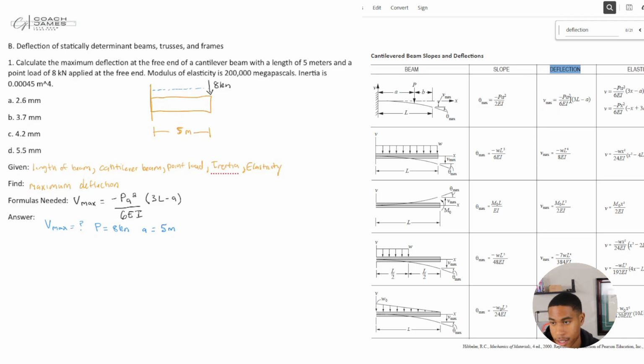Okay. So what is L? L is equal to the length of the beam, which is 5 meters. Okay. What is E? E is equal to 200,000 megapascals.